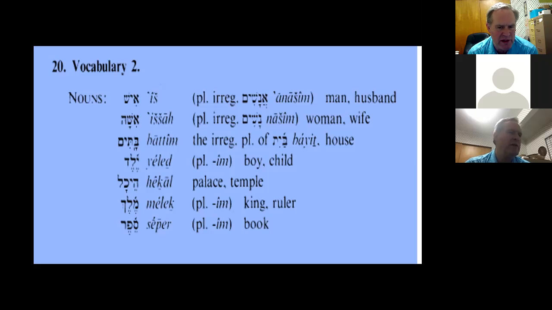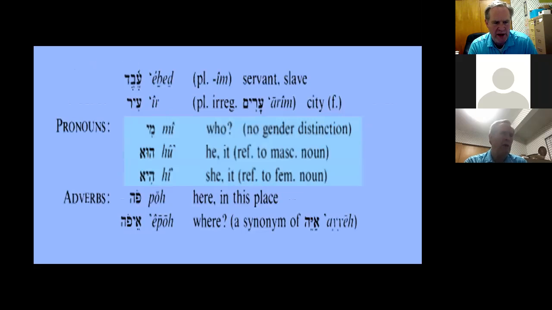The word for book is sefer, plural seferim. More of that same chapter. Chapter 2 was Eved, and Eved was a servant or a slave. Okay, the word for city was ir. Again, it starts with an ayin, which is silent, and then the yod and the resh.